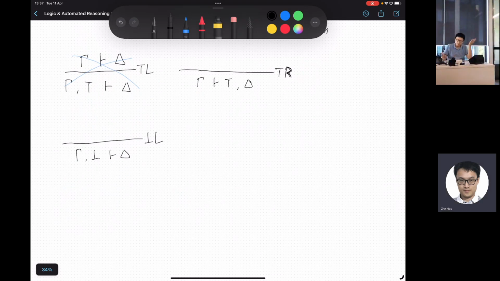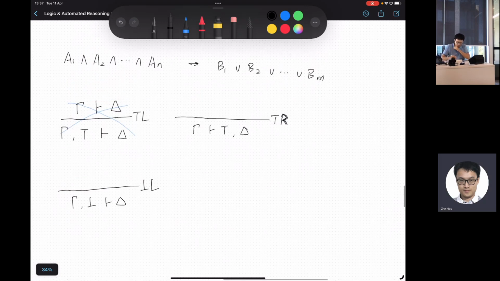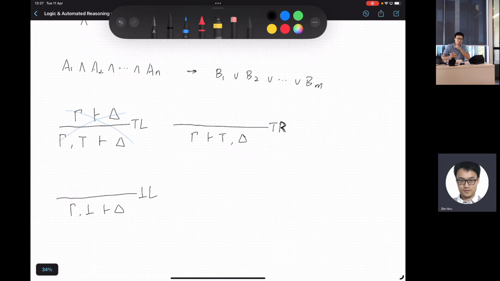So we've talked about the two most basic inference rules. One is for truth, one is for falsity. And the one for truth may not be exactly intuitive. So maybe it's worth talking a little bit more about how we derive these kinds of rules.